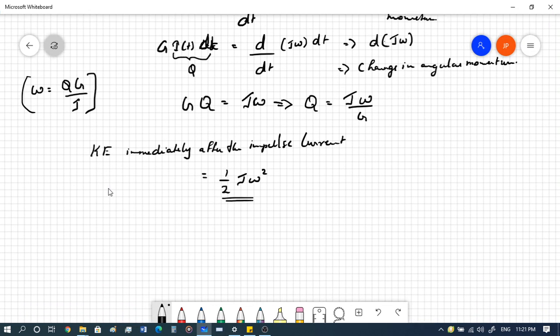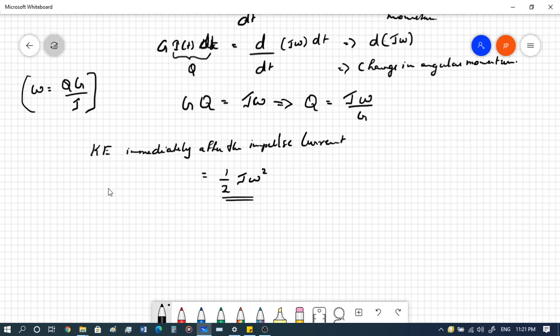And let's say this is the coil, and it keeps oscillating to and fro, and at the final point this entire kinetic energy is converted into potential energy because of the controlling torque provided by the spring. So the potential energy is stored in the spring.